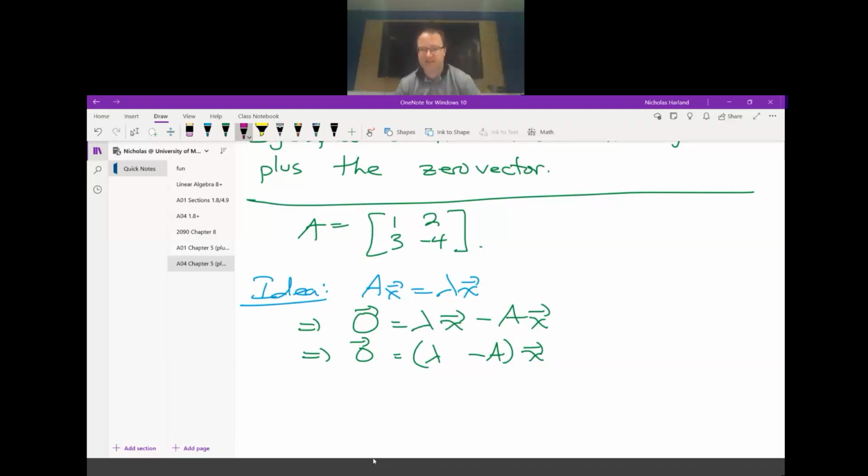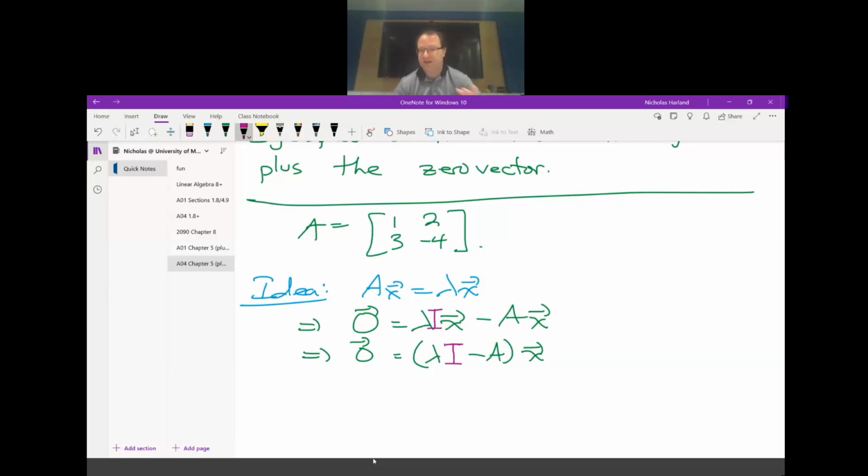How we fix it, as some people mentioned, and we saw this when we did the standard matrix for a dilation in 4.9, where we wanted to think of it not as constant multiples, but matrix multiplication. The way we did that is we stuck an identity there, because we know that doesn't change anything. And so we end up getting lambda I minus A times x.